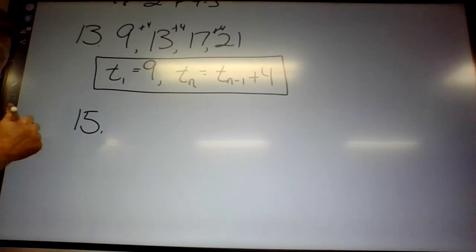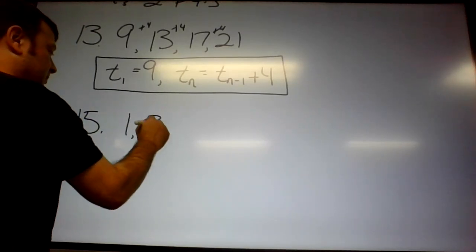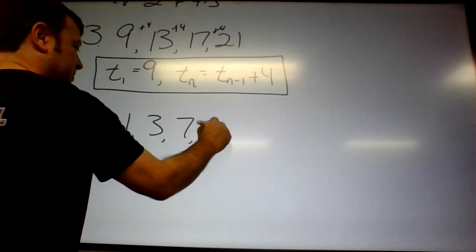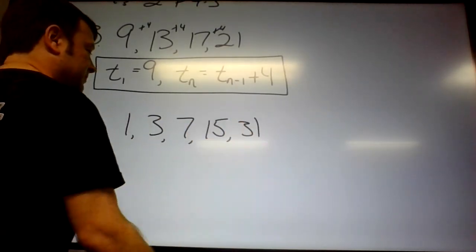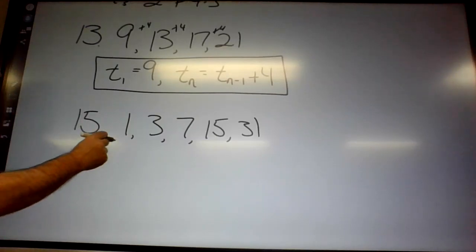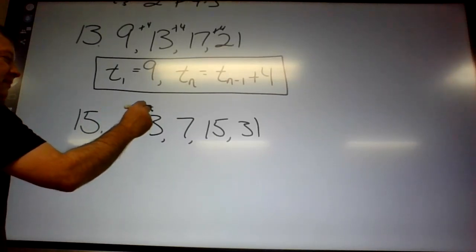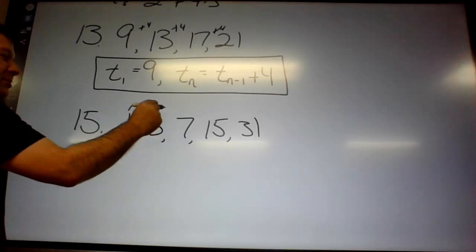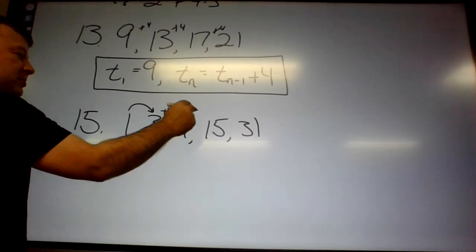1, 3, 7, 15, 31. Some of these are kind of going to be hard. How can we get from 1 to 3? Well, plus 2, but this one would be plus 4, this one would be plus 8.